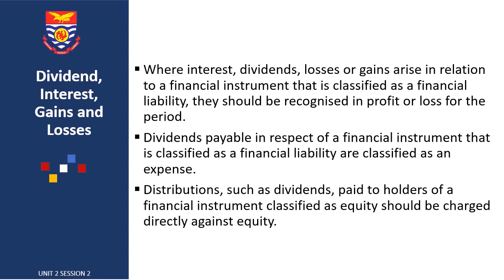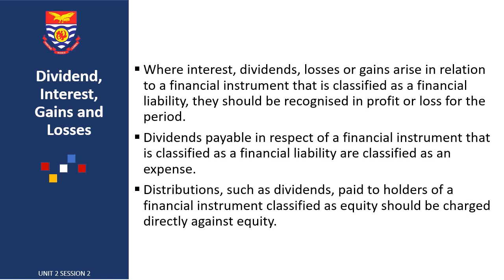Now, dividend payable in respect of a financial instrument that is classified as a financial liability are classified as an expense. So if you are paying dividend based on a financial liability, you classify this dividend that is paid as an expense, and as such you send it to profit or loss account.